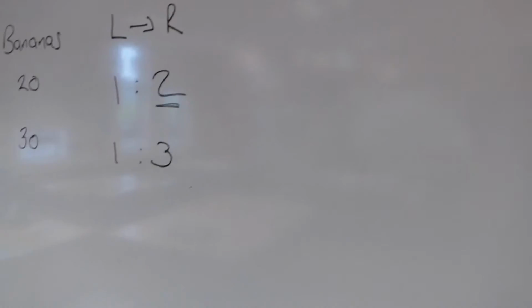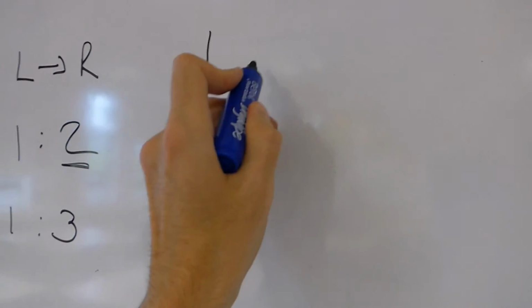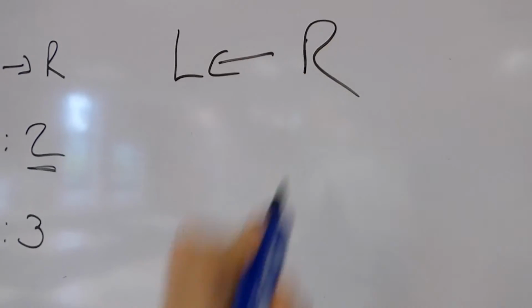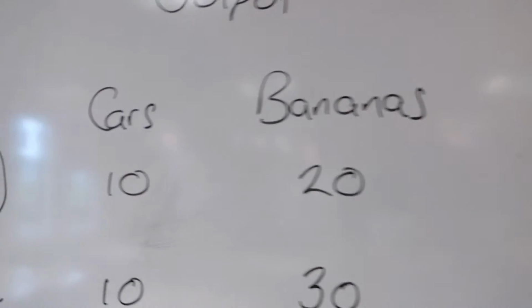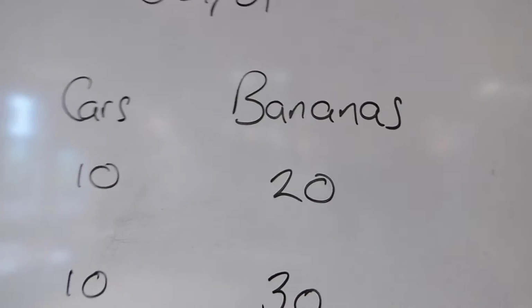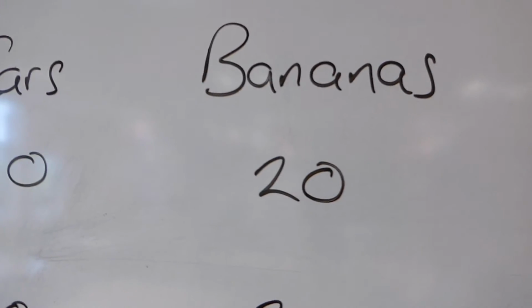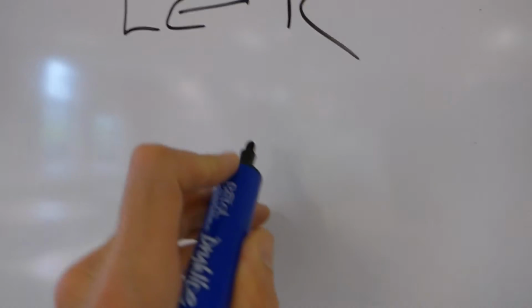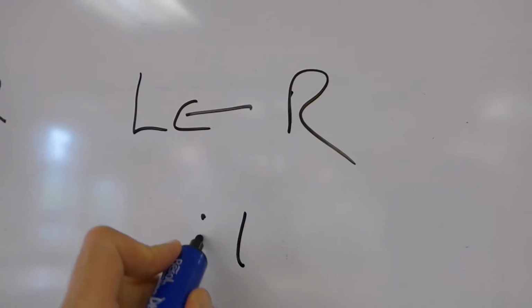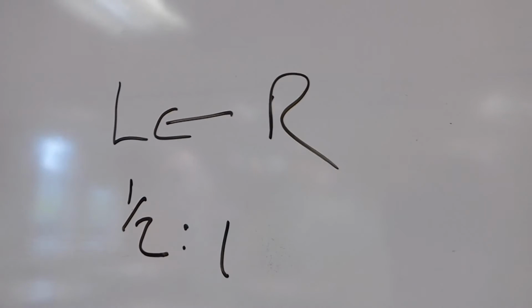And our proof, ladies and gentlemen, we want to do an opportunity cost ratio, but we want to work this backwards from right to left, from these figures. So we can see that for every 1 banana produced, the UK could produce half a car. So I'm going right to left, remember, so it's 1 to a half.